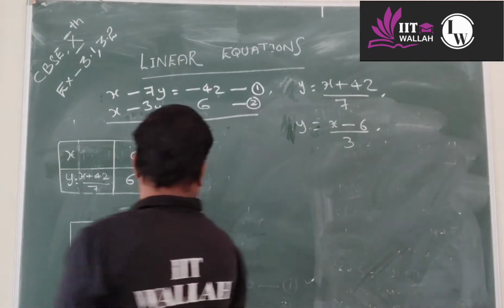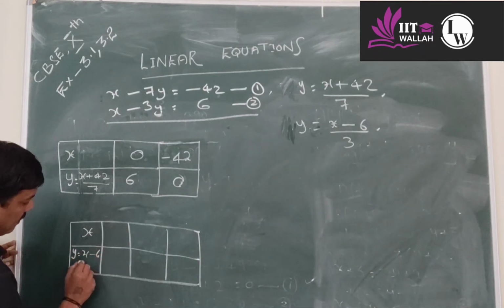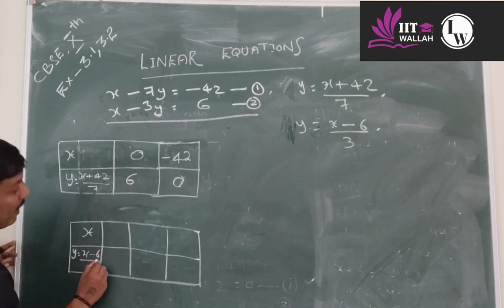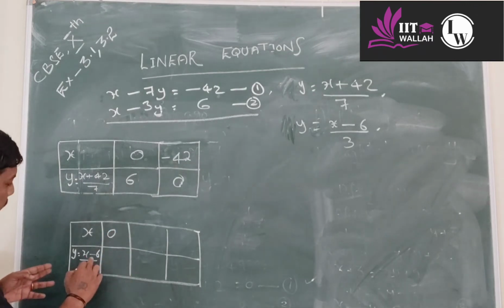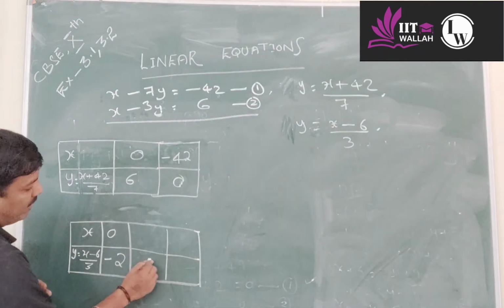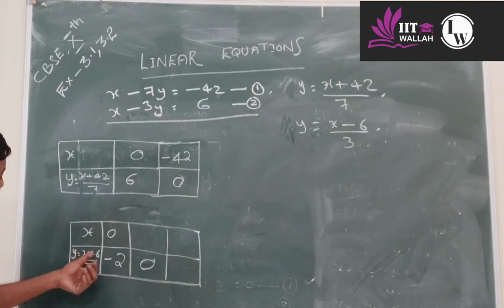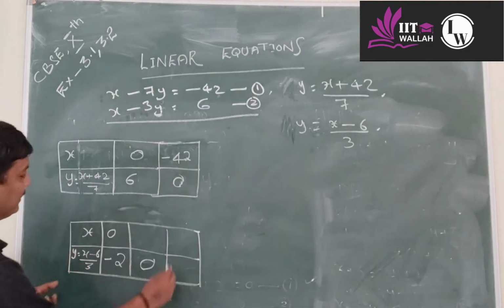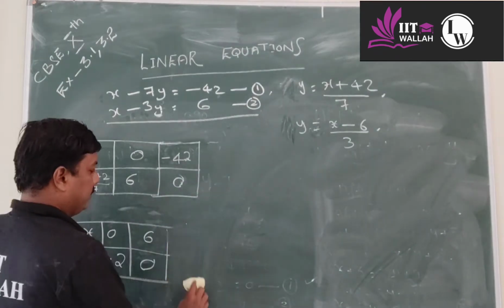So you take y is x minus 6 by 3. So take x equal to 0, then y will be minus 6 by 3 is minus 2. Then take y is equal to 0. Then x minus 6 will be 0, x will be 6.